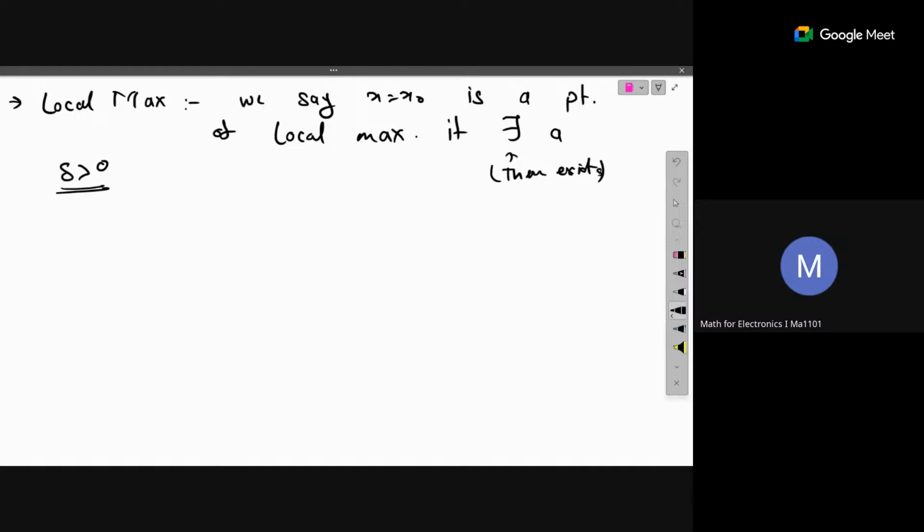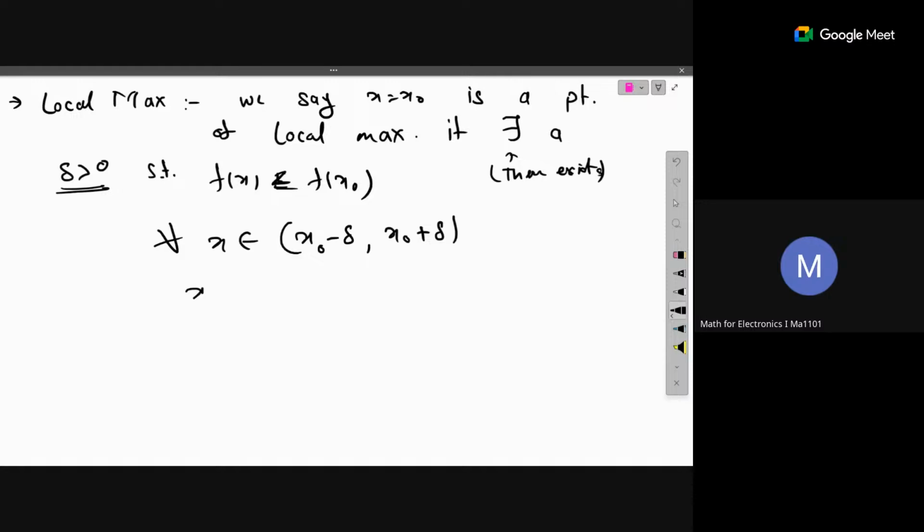So if there exists a delta greater than 0 such that f of x is less than or equal to f of x naught for all x belonging to the open interval (x naught minus delta, x naught plus delta), which you can also write as x naught minus delta less than x less than x naught plus delta. This is the definition of local maximum.